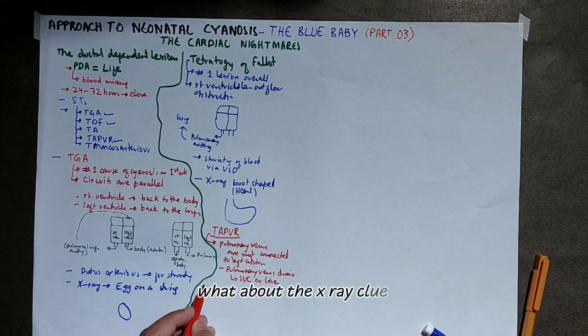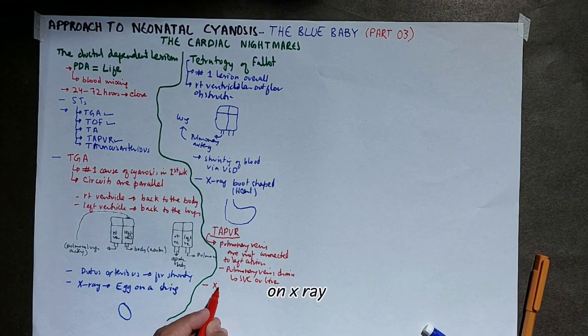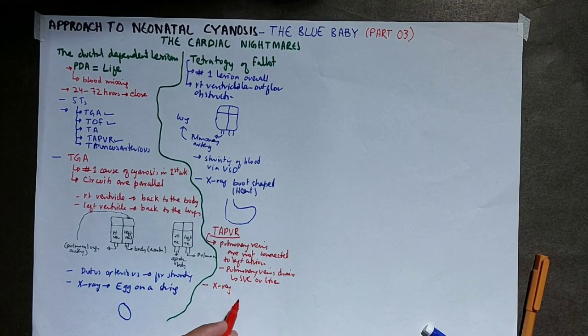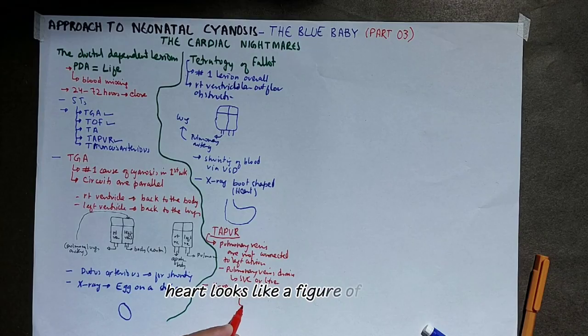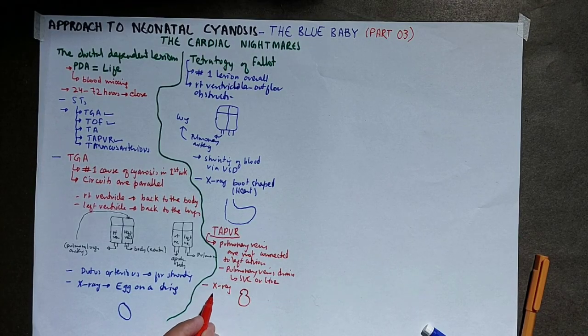What about the X-ray clue? On X-ray, the heart looks like a figure of 8, just like a snowman.